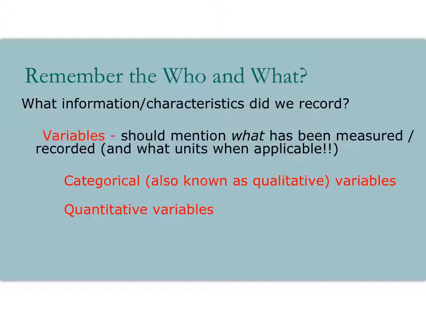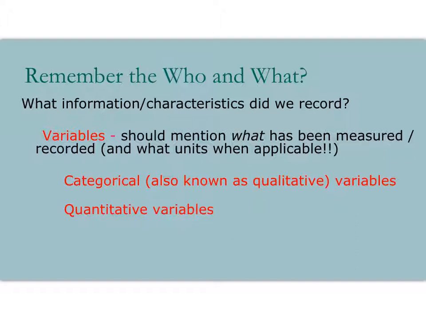The easiest way to keep these straight in your head is that quantitative variables are variables for which it makes sense to do arithmetic, like adding, subtracting, finding the average. The easiest one to think of is finding the average. So when I see something, I ask myself, does it make sense for me to find the average of these values?